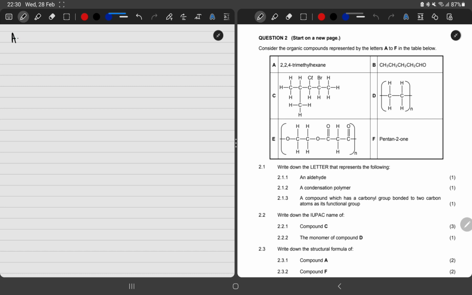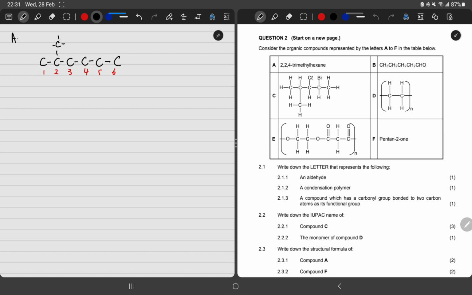A. I have 2,2,4-trimethyl-hexane. Hex means 6. That is the prefix. So I'm going to have 6 carbons: 1, 2, 3, 4, 5, 6. And then I'm just going to number my carbon atoms. In carbon number 2, I am going to have 2 methyl groups because I have a 2,2.